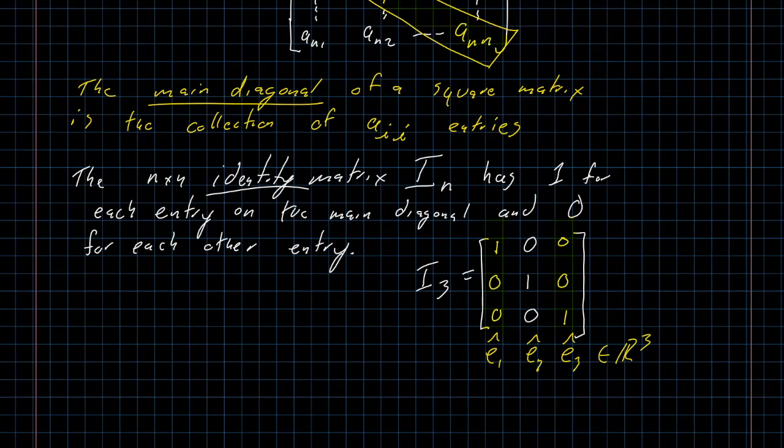In this case, the identity matrix I3 has the 3 standard unit vectors in R3. The identity matrix in 5 dimensions, I5, has the 5 standard unit vectors for R5, and so on.